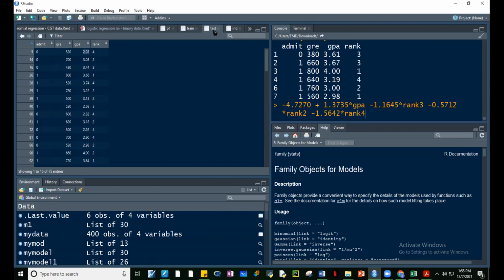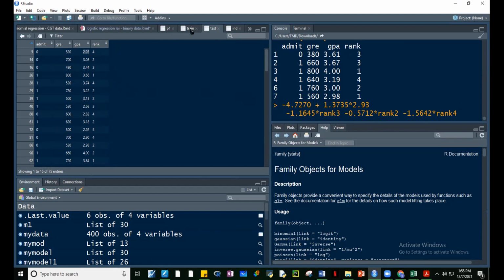Eh, ang ginagamit natin test data, no? So GPA should be 2.93. Okay, so let's replace this by 2.93. Control V. Mali. Copy ko muna to. Control C, Control V. 2.93 and then rank niya is rank 4.